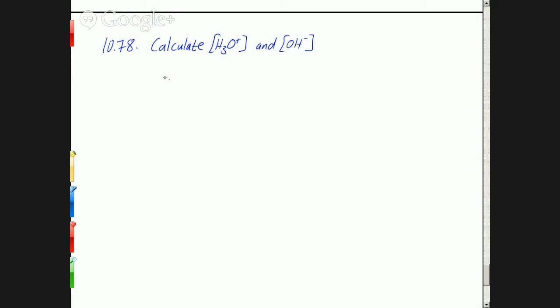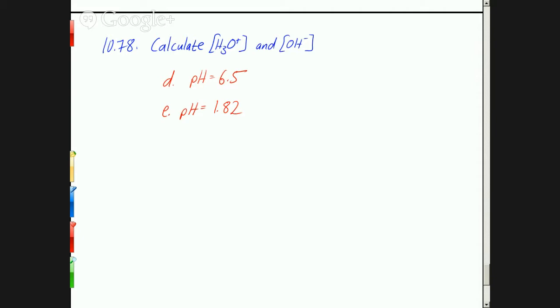Actually, let's do D and E. So D is pH of 6.5, and E is the pH of 1.82.